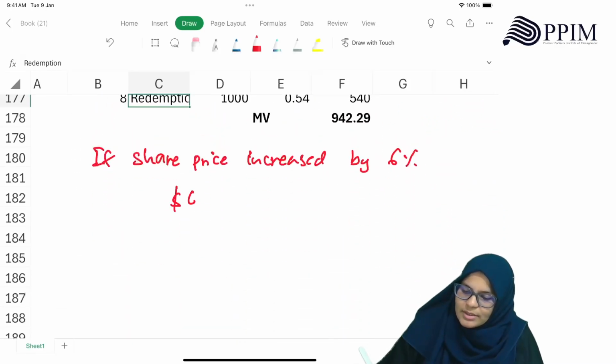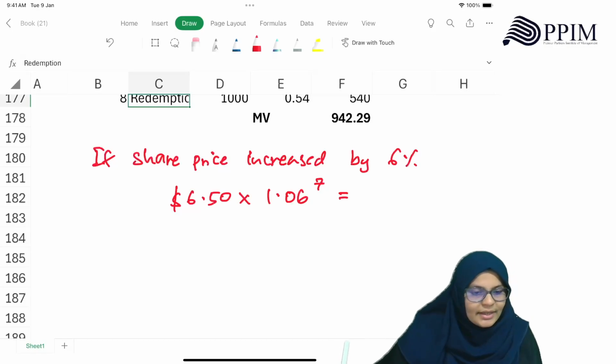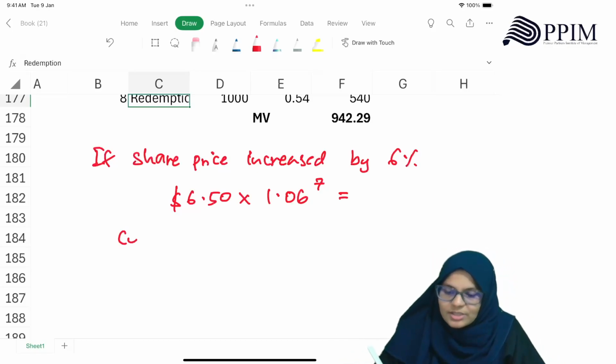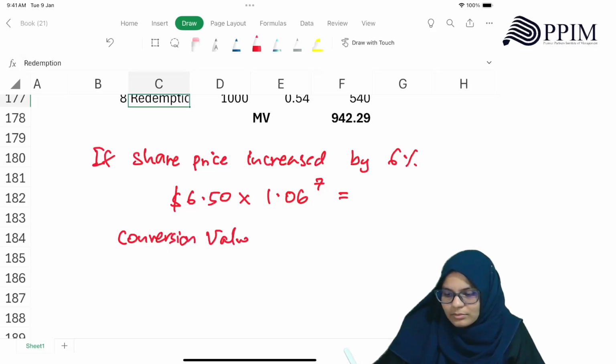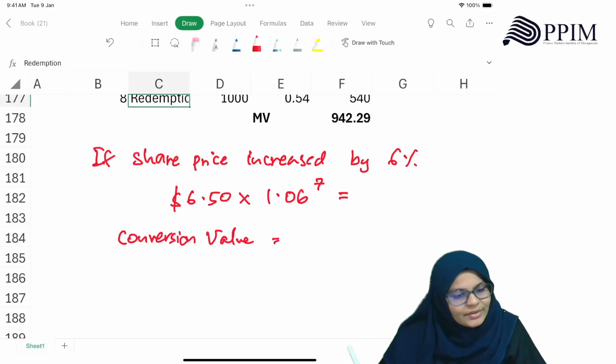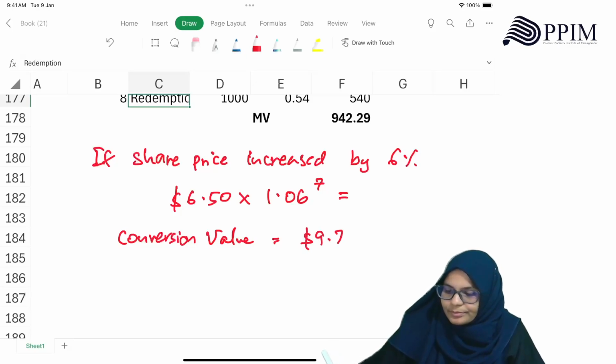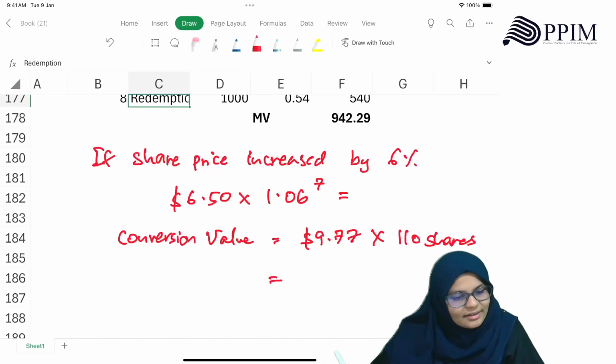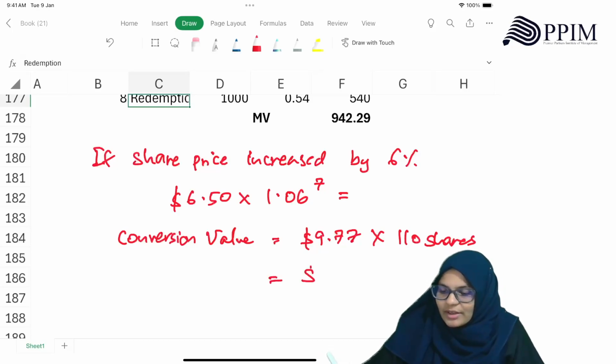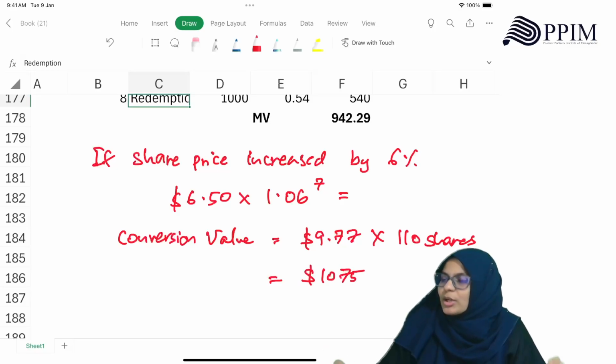So that will be 6.5 into 1.06 to the power 7, because obviously conversion is happening in 7 years' time. So conversion value, how much? 9.7. That into the number of shares that we can get per loan note, which they told me was 110. So total conversion value is 1075 per loan note.